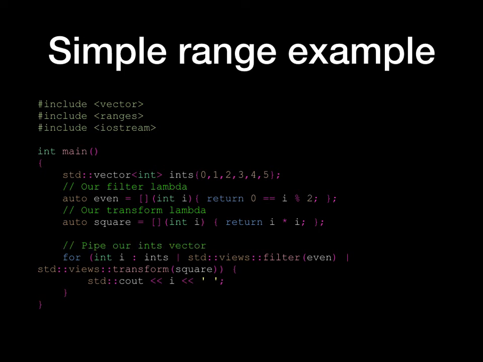And then we'll pipe our ints vector first into the filter view that will filter elements to only keep those that are even, those that fulfill the predicate that we gave it. And then we'll pipe it into the transform view, which takes an int and returns another int, takes our filtered int and returns it squared. And then our for loop will work with that and print every number.